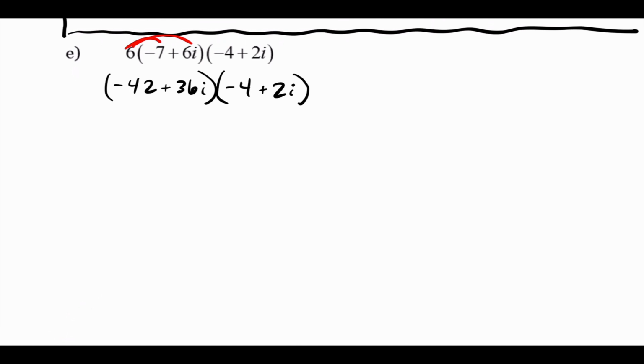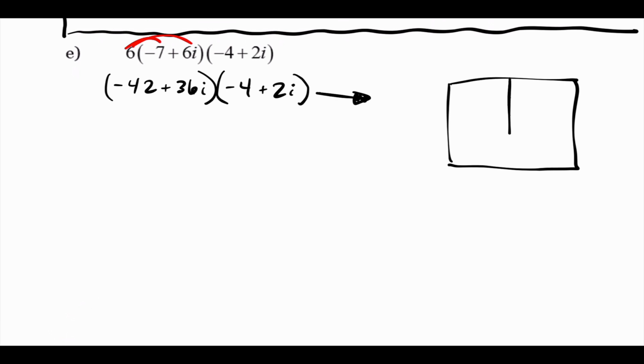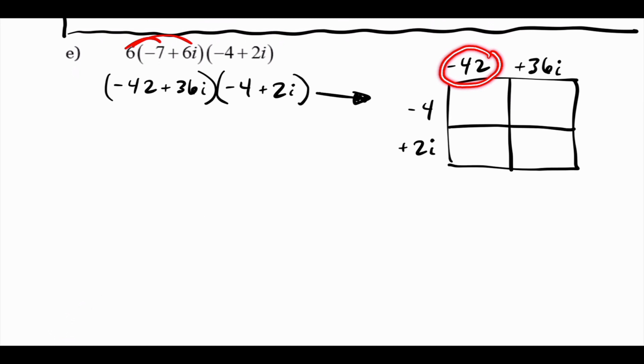Now it looks like the problem I just did, just bigger numbers. So we go over here. -42, positive 36i, -4, positive 2i. Multiply. -42 times -4 is going to be positive 168.